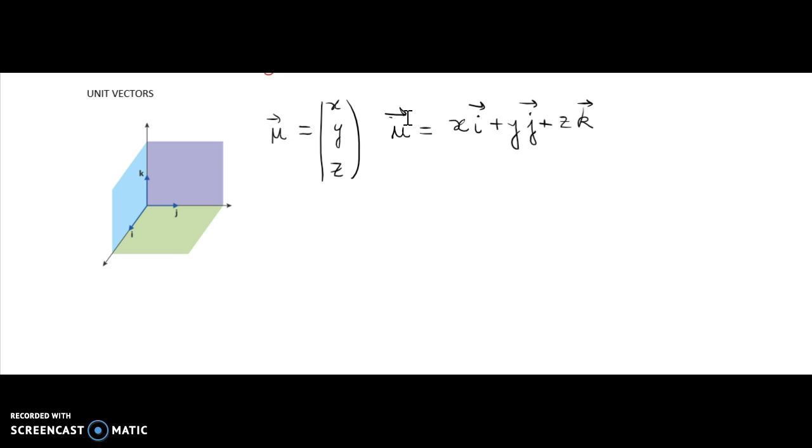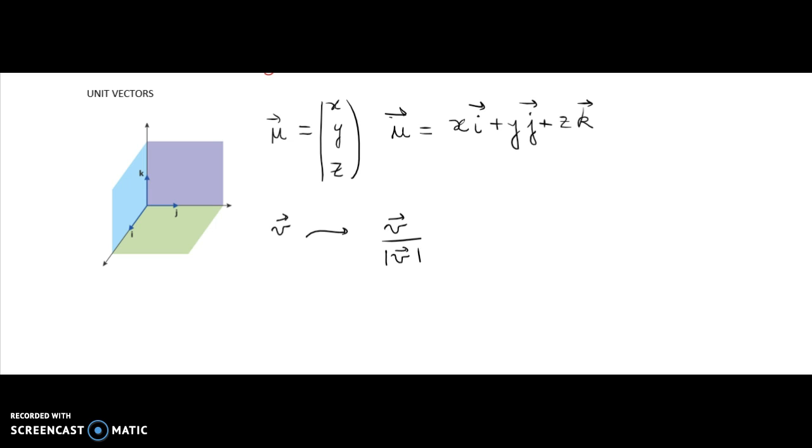If we have any vector, let's say a vector v, and we wish to find a vector in the direction of v, but we want that vector to have magnitude 1, then what we need to do is to consider the vector v divided by the magnitude of the vector v.